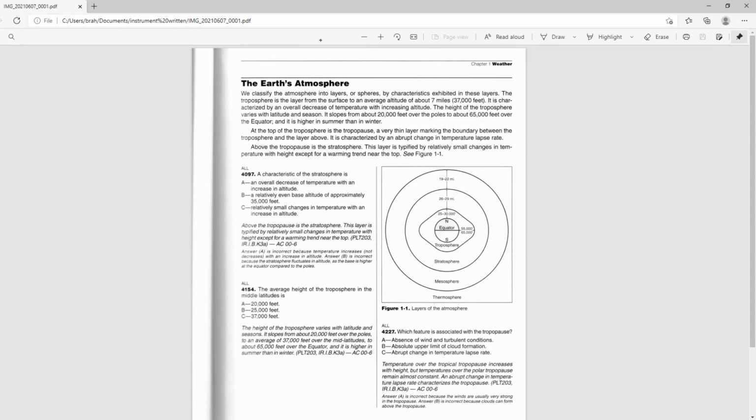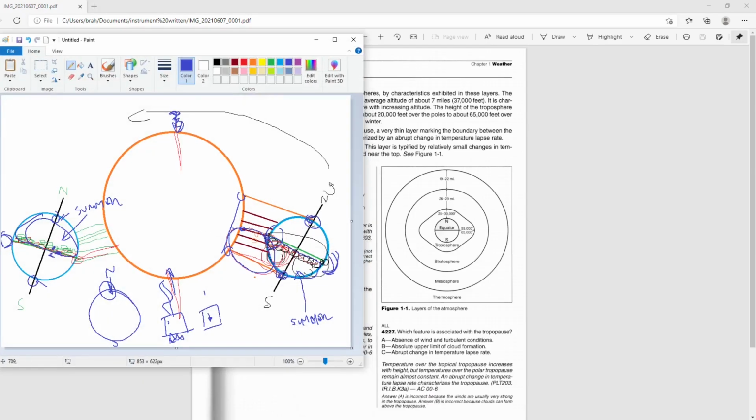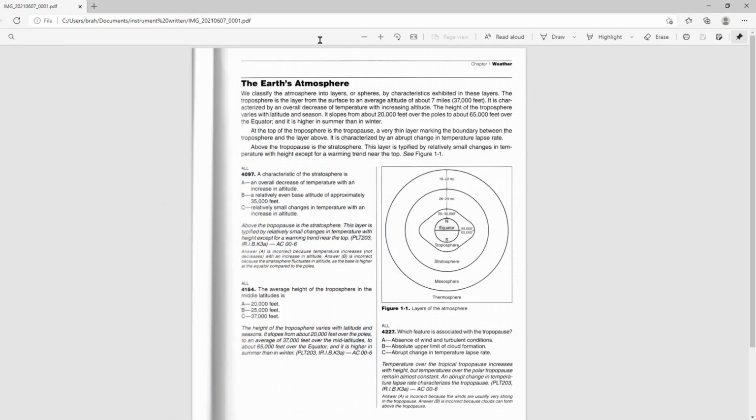35,000 feet. The thing is that the base of the stratosphere is also the top of the troposphere, right? They're both the tropopause. Now, what we've just gone over, which is how the heat from the sun affects the oxygen in the troposphere, we know that the base is not going to be even.